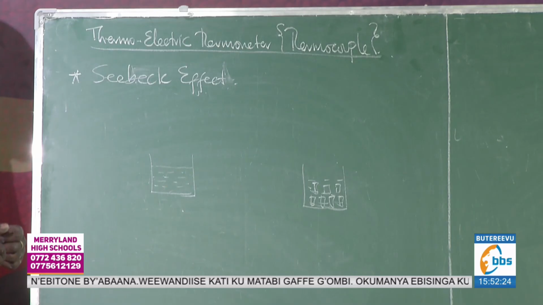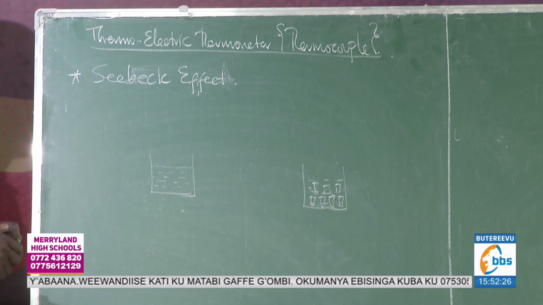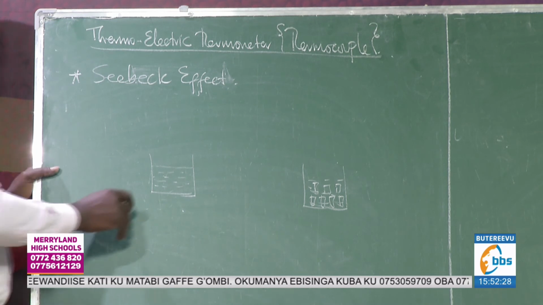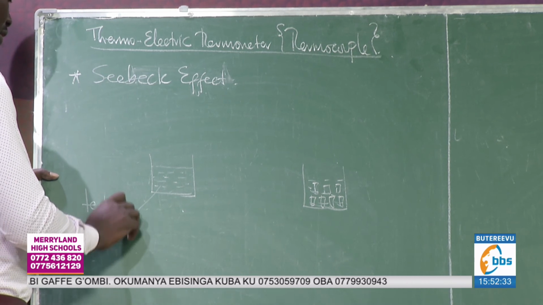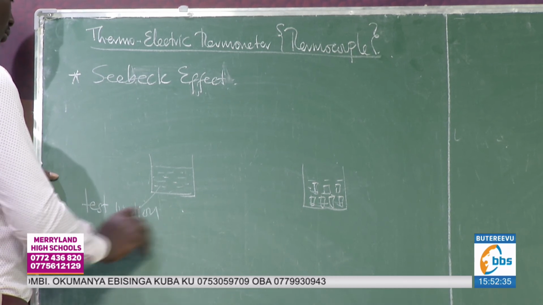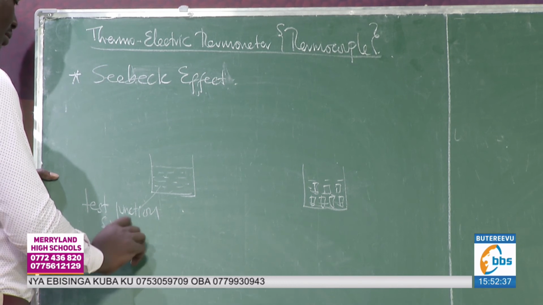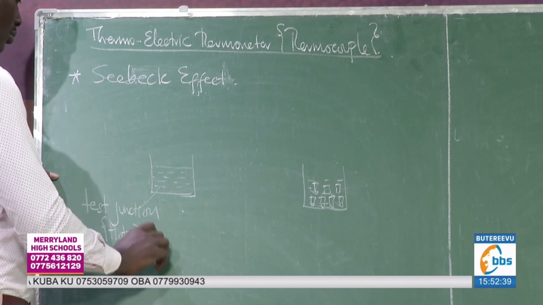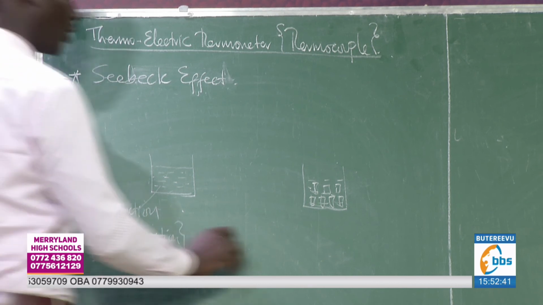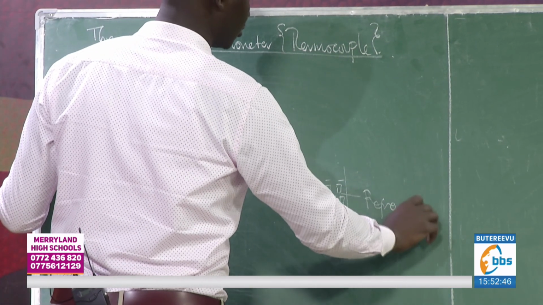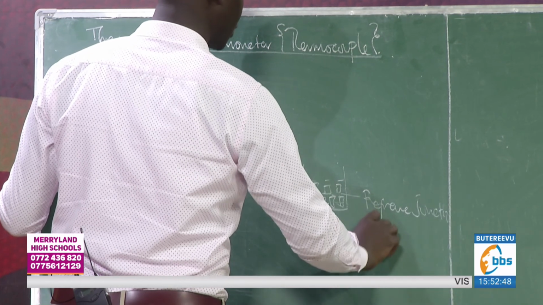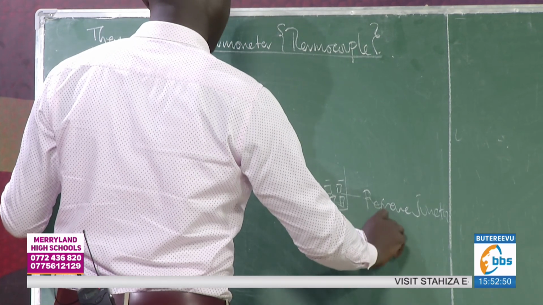So, according to the mode of operation of this type of thermometer, this one I'll be calling the test junction or the hot junction. Some people call it the hot junction. I've said that this one we refer to as the reference junction or what we call the test junction.